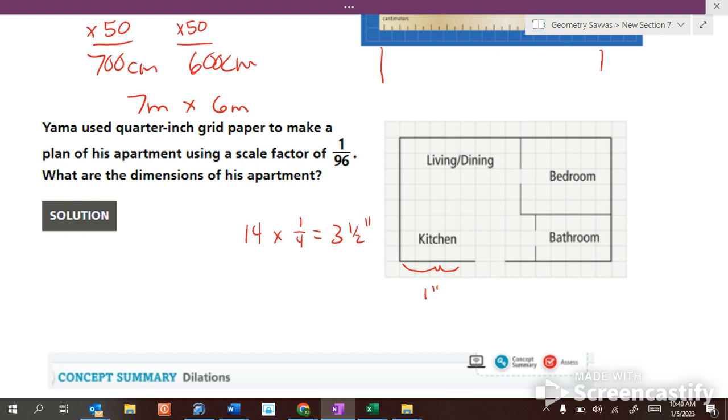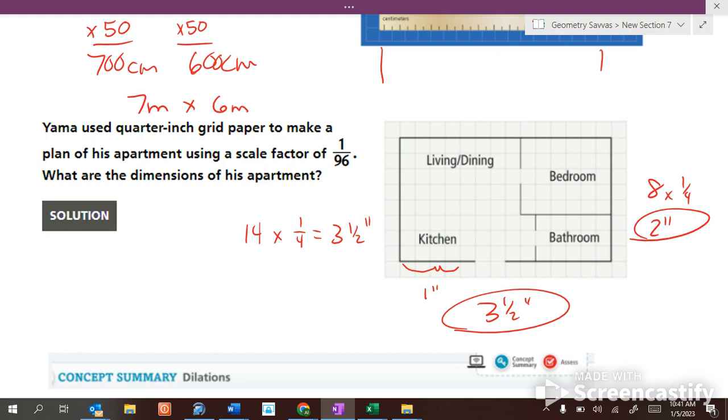We count up. If we count up, we go 1, 2, 3, 4, 5, 6, 7, 8. What's 8 times 1/4? Jillian, what's 8 times 1/4? 2 inches. So it's 3.5 inches by 2 inches. Well, let's figure out how big his apartment actually is.